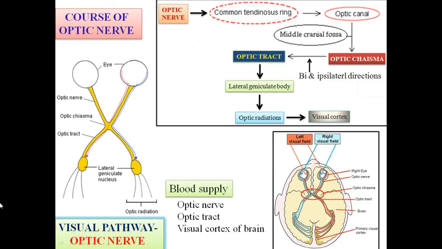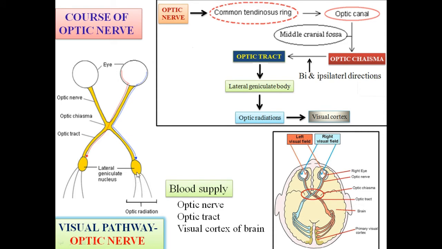You can see in this slide the visual pathway of the optic nerve. Each optic nerve carries sensory fibers, about 1.2 million myelinated fibers. These fibers synapse at the optic chiasma, and from the optic chiasma arises the optic tract, which synapses with the lateral geniculate body.